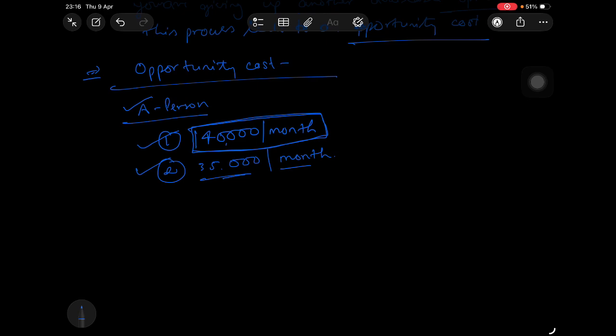But if the person A is going for 40,000 rupees, so the next best option available, 35,000 rupees, will be given up by the person A. This complete process is known as the opportunity cost. So what is the opportunity cost?